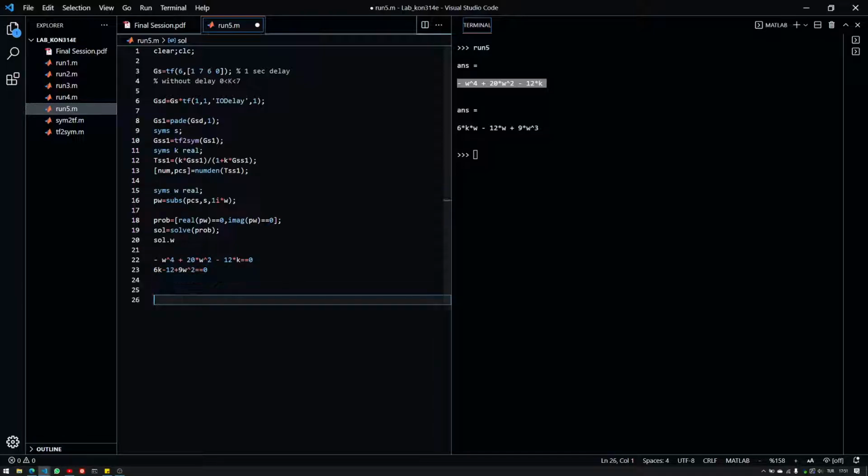As far as I can see, we should multiply this equation by 2 and then sum them together. So this would give something like minus 24 plus 18 omega squared, and then plus 20 omega squared, and then minus omega to the fourth, and that's basically it.